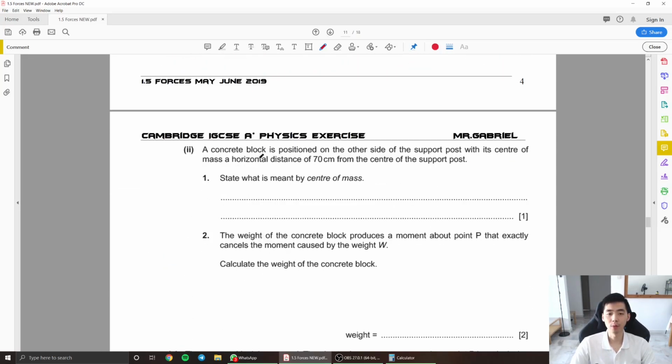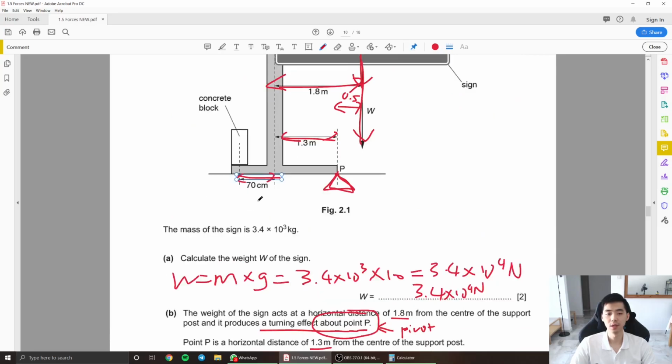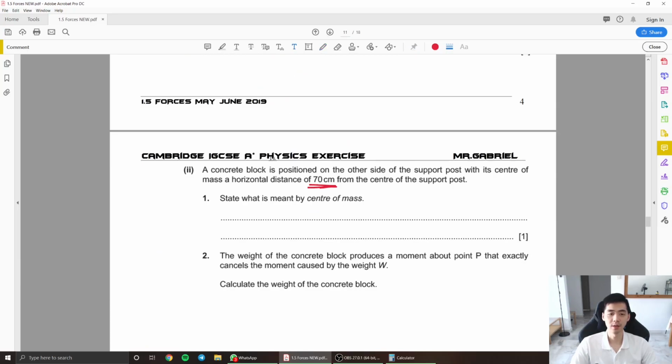A concrete block is positioned on the other side of the support post with its center of mass a horizontal distance of 70 cm from the support post. So this thing here is 70 cm away from the support post. State what is meant by center of mass. Center of mass by definition is the point where all mass is acted upon or concentrated, right?